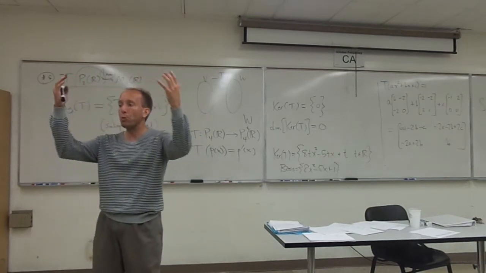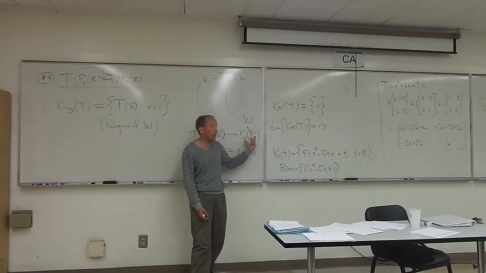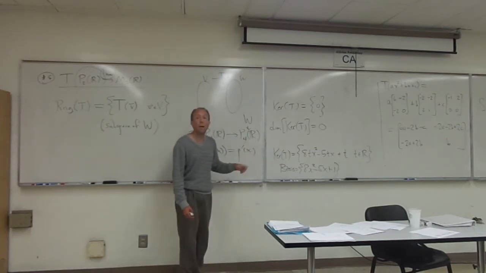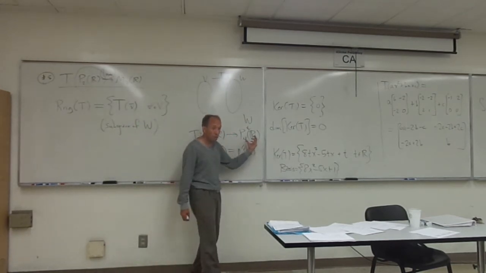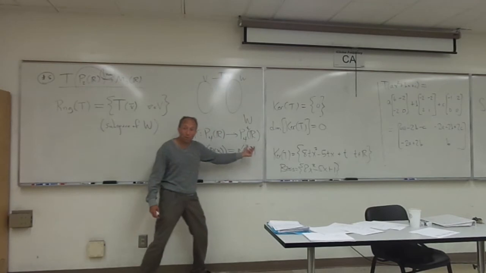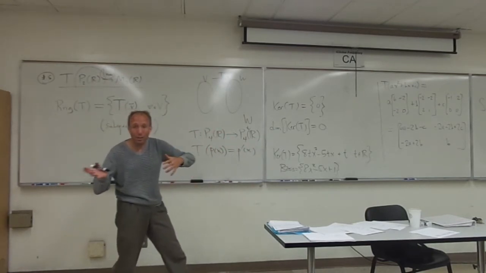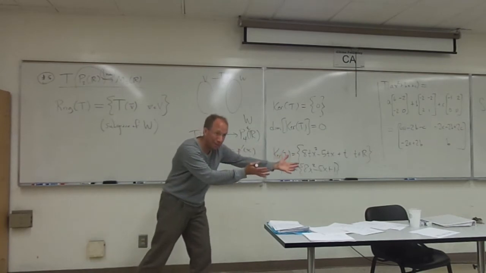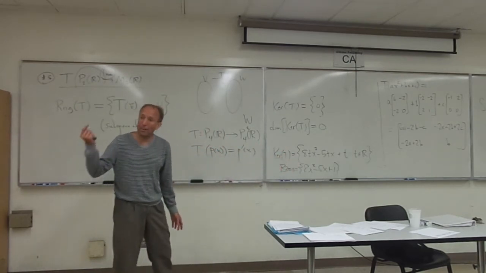You're not going to capture all of those 4th degree polynomials. The 4th degree polynomials are in W, but they aren't going to show up as the derivative of something. Because if you want to get a 4th degree polynomial as the derivative of something, you would have to have started from a 5th degree polynomial. Remember, when you take derivatives, the power goes down. We don't have 5th degree polynomials here, so I'm not going to be able to hit them.